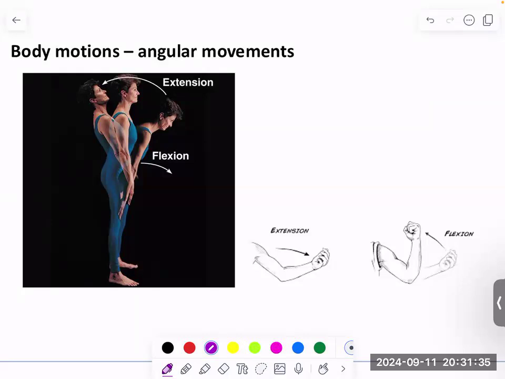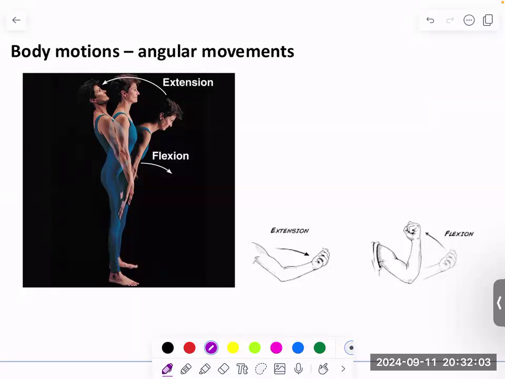Extension of this part. So you have to know the parts. Where it gets really crazy is flexion of the thigh. The angle is getting smaller. Extension is putting it this way because the angle gets bigger here.